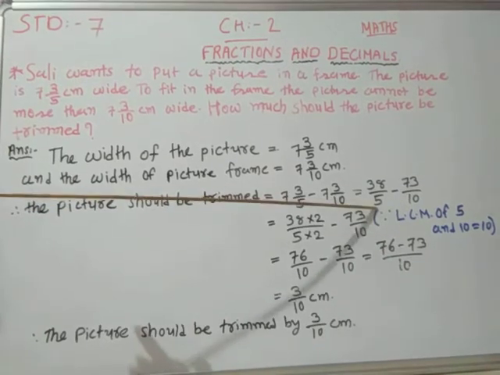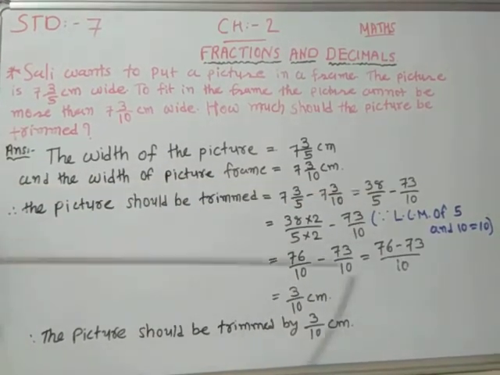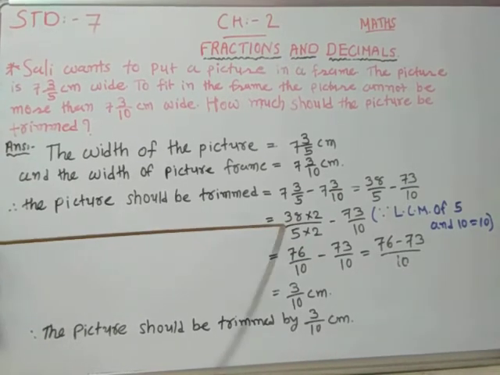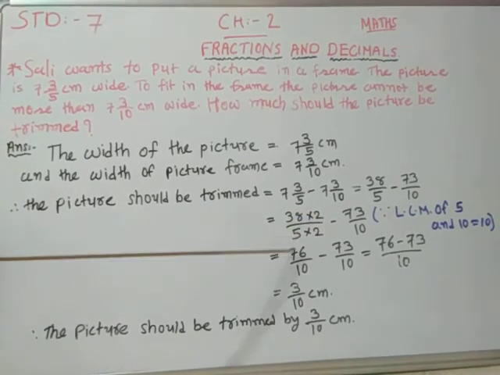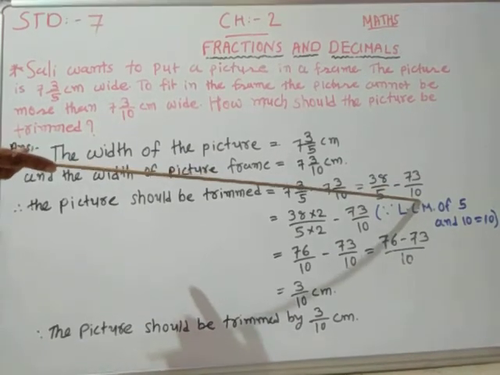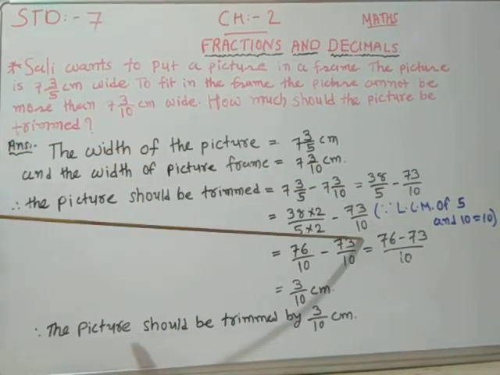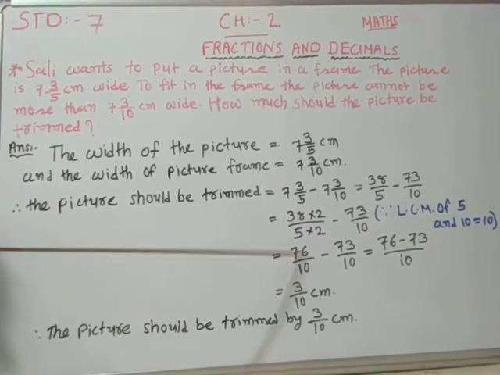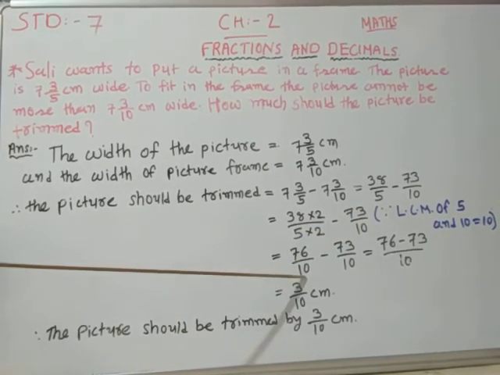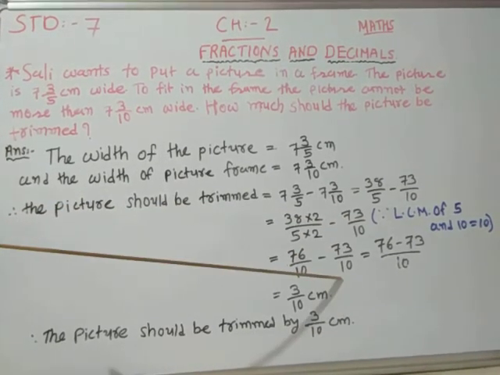To make the denominator 10, we have to multiply both the numerator and denominator with number 2. So 38 multiply 2, divide 5 multiply 2. Here the denominator is already 10, so no need to multiply. So take it as it is, 73 upon 10. Now 38 2s are 76, 5 2s are 10, 76 divide 10 minus 73 divide 10.